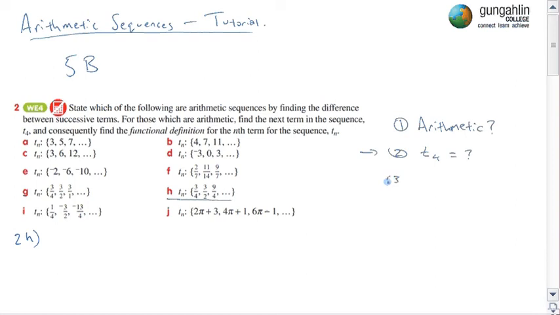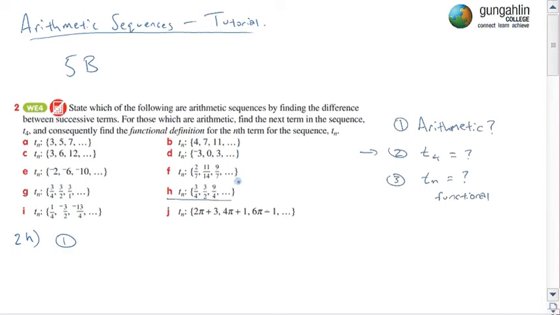And then part 3 is to find out what tn is equal to. And I want this to be a functional definition. Alright, so that's my game plan. So let's start with part 1.